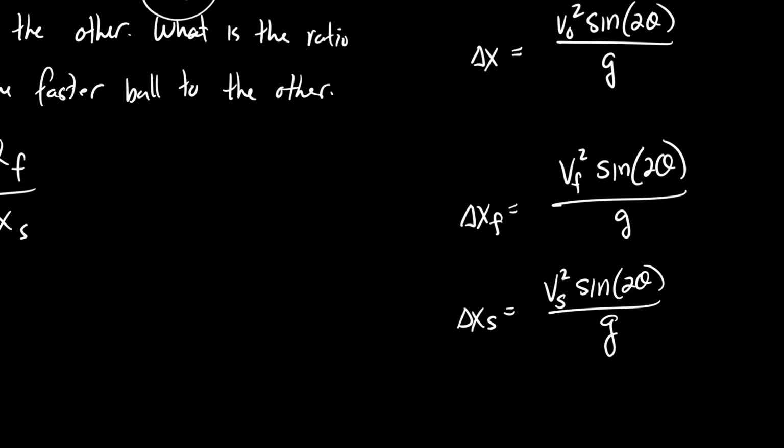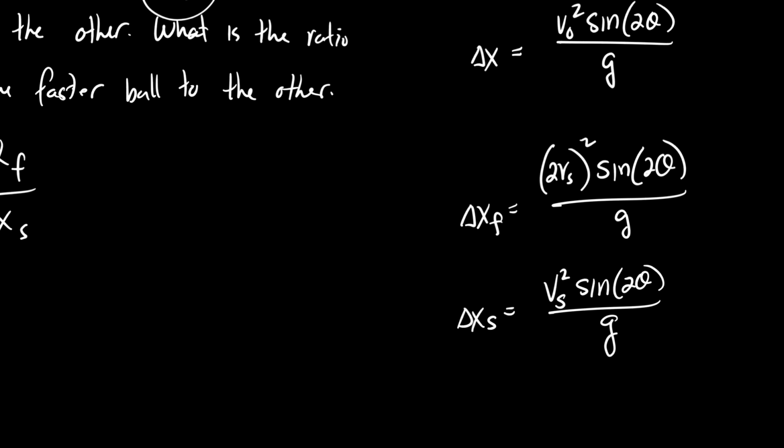And is there anything I know about the fast ball and the slow ball? Go ahead. The fast ball is twice as fast as the slow ball, so maybe 2 times the slow ball squared. Just putting in the stuff I know.